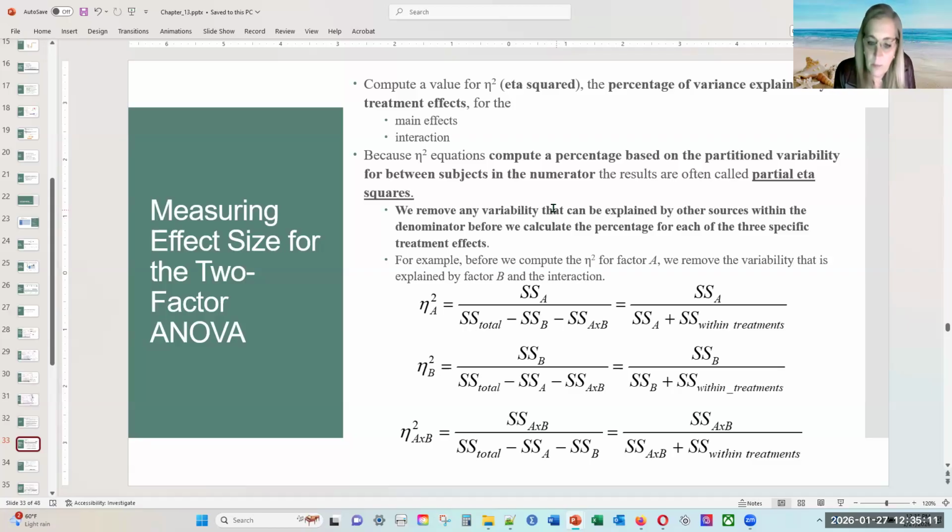And so we compute eta squared based on the partitioned variability for between subjects in the numerator. And we often call this the partial eta squared because we remove any variability that can be explained by other sources within the denominator before we calculate the percentage for each of the 3 specific treatment effects.